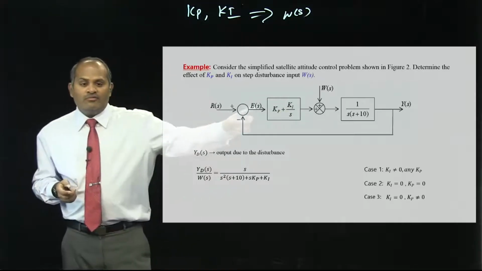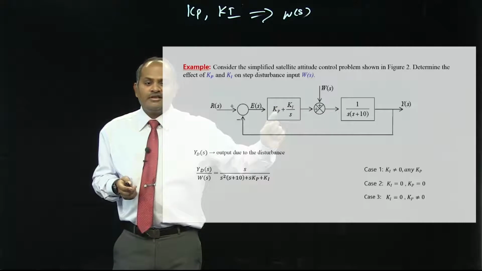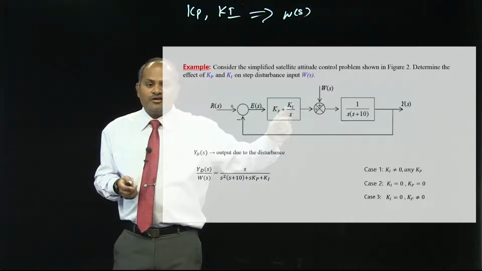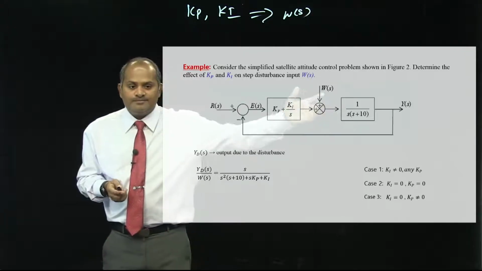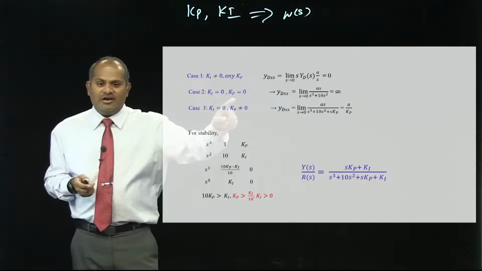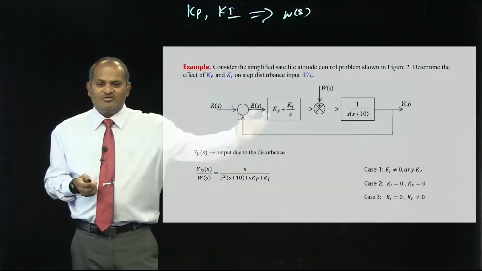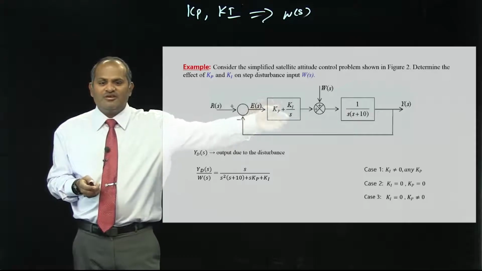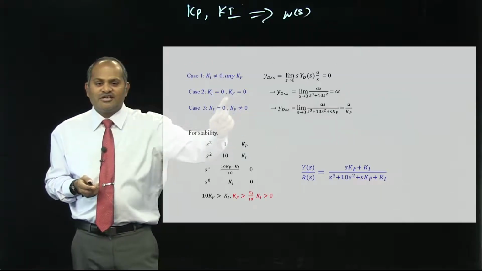Second, what we saw in this problem is the effect of kp and ki on the error. If ki is not equal to 0, the effect of the disturbance is nullified. But if ki is equal to 0 and kp equal to 0, then there is no controller, the transfer function is 0, so you get infinite error, and this is a useless condition.